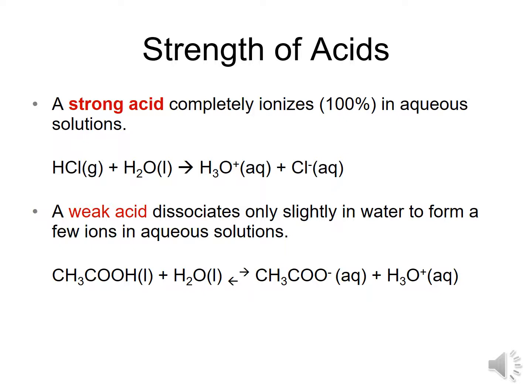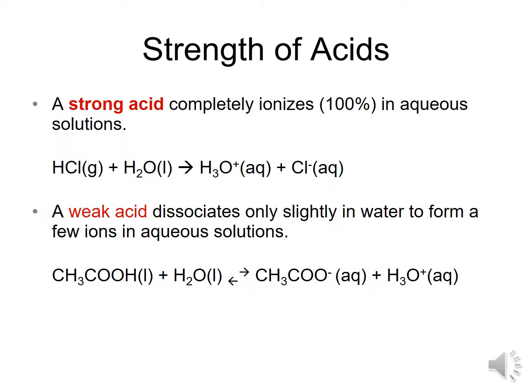But a weak acid will only dissociate slightly, maybe 1%, maybe 5%. This is seen by showing a double arrow, meaning that there's an equilibrium between the forward reaction and the reverse reaction. In strong acids, we only show an arrow to the right because the reaction does not reverse and have both reactants and products at equilibrium.